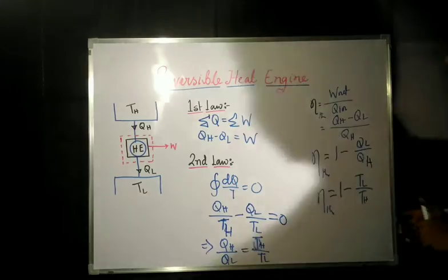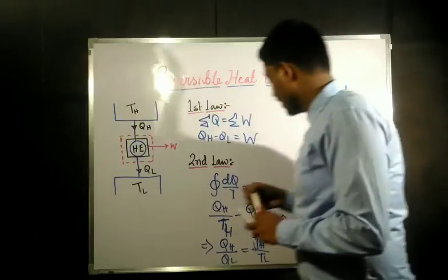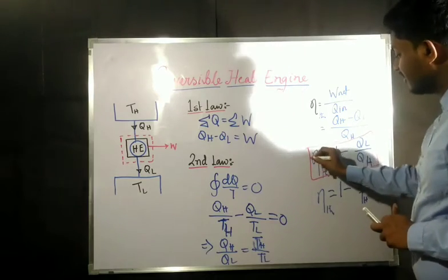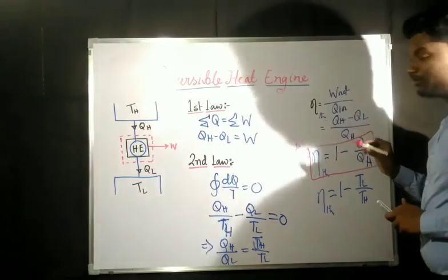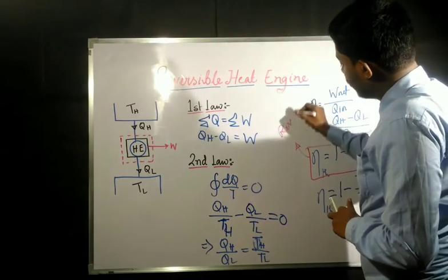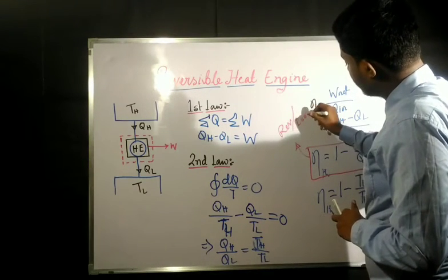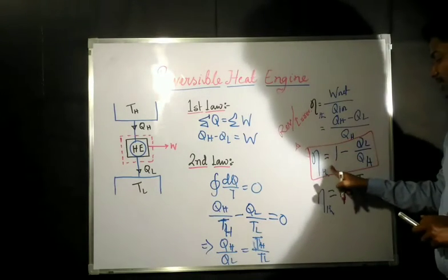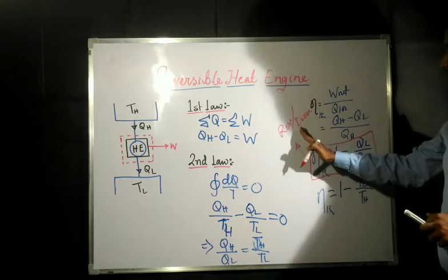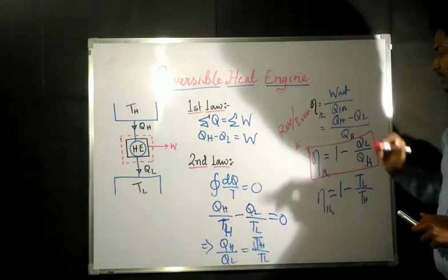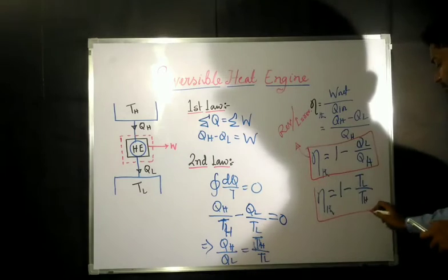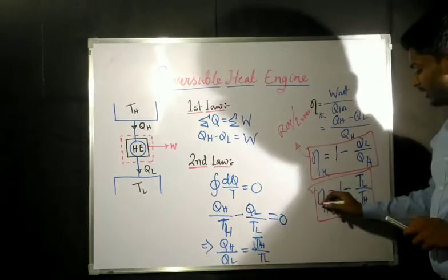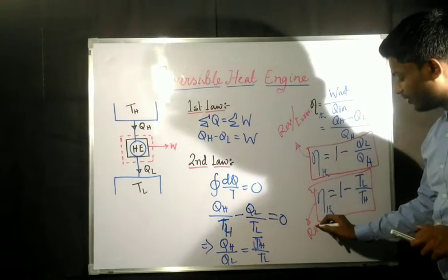Now another thing you need to remember here is that the equation of thermal efficiency must be the same for reversible as well as irreversible. But this equation, 1 minus TL by TH, lower temperature by higher temperature, is only for reversible.